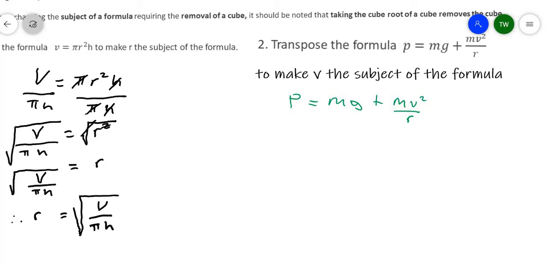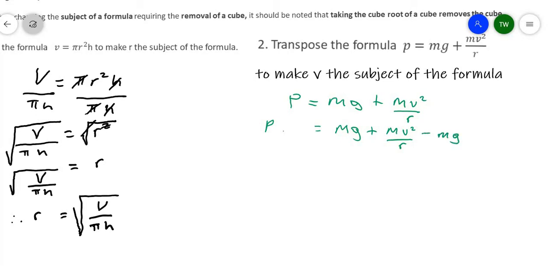So we write back what we have, which is P equals mg plus mv squared all over r. Now we're going to transfer mg to the other side by doing the opposite, which is to subtract mg from both sides.